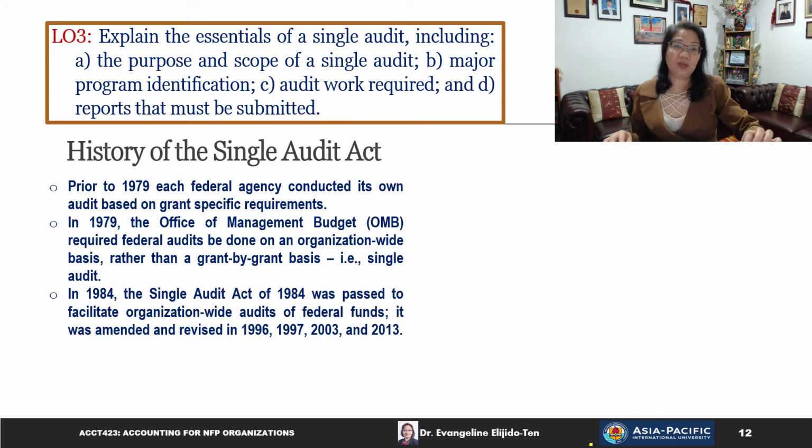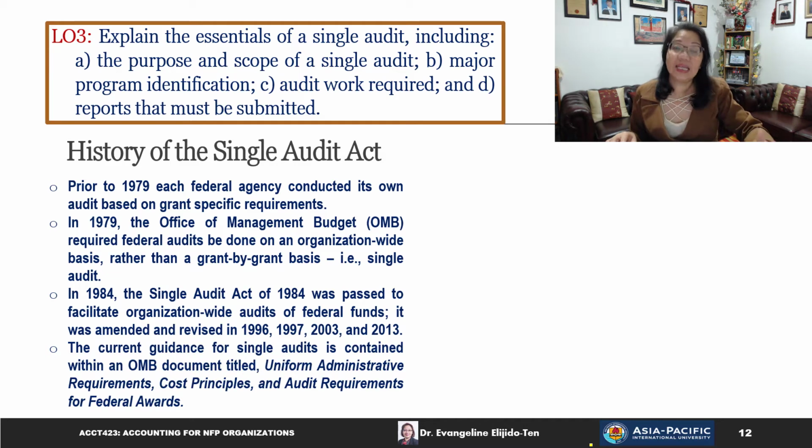In 1984, so it's only towards the mid-1980s, that the Single Audit Act was passed. The Single Audit Act of 1984 was passed to facilitate organization-wide audits of federal funds. It was amended and revised in 1996, 1997, 2003, and again in 2013.